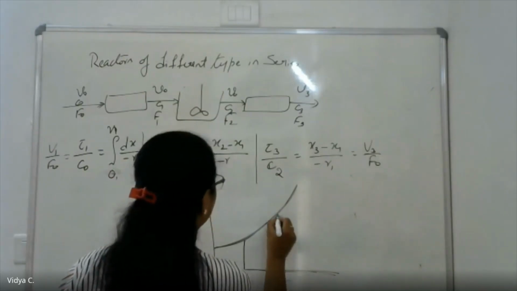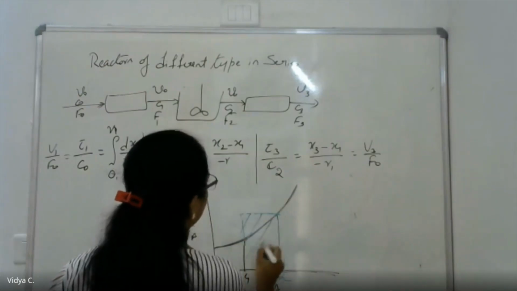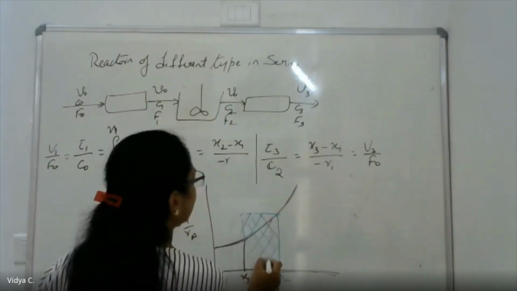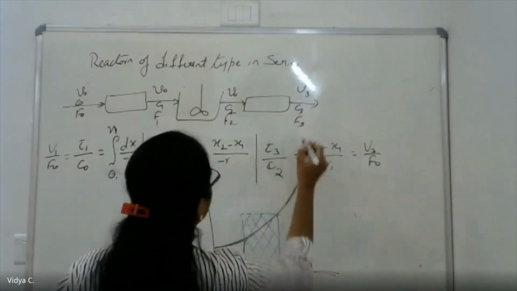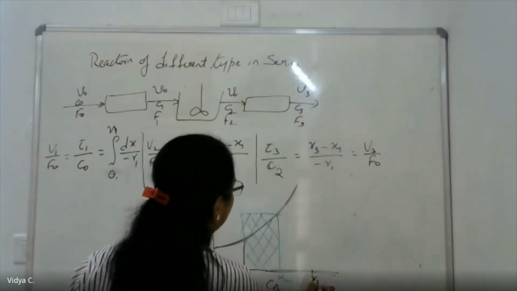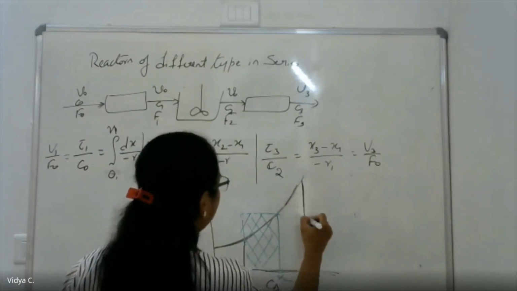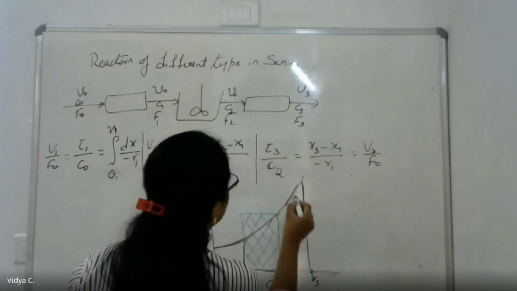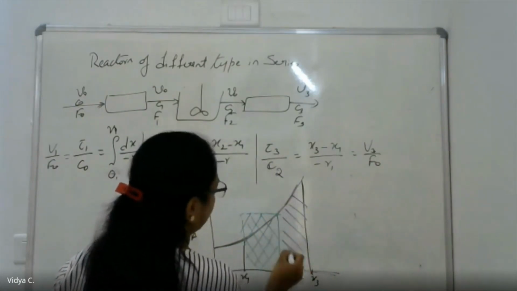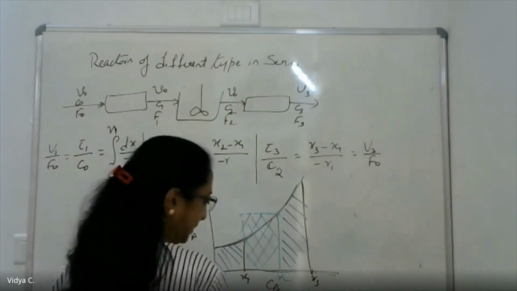I should go straight up till the curve, and so this will be CSTR. This is just for practice, for you to understand and practice. Next is again PFR till x3. So this is area under the curve only. For x3, it is area under the curve. So this is PFR, which is area under the curve. And for CSTR, this.